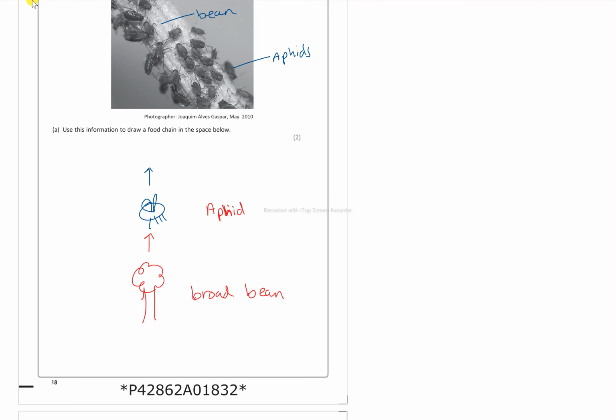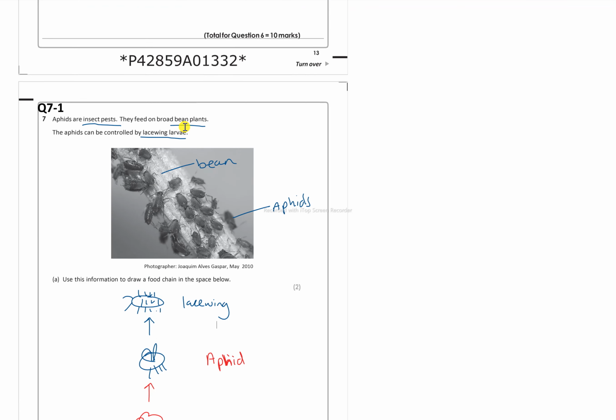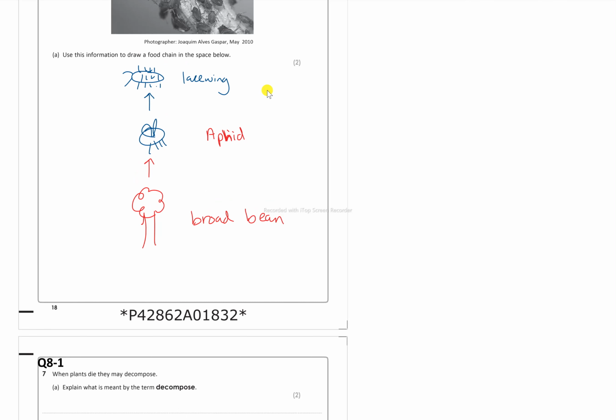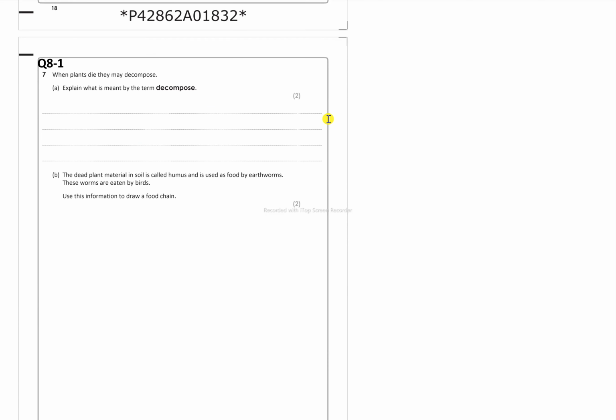And then up arrow, and you've got lacewing. I don't know what it looks like. What is it called? Lacewing larvae, all one word. Lacewing larvae. Okay, there's your food chain.